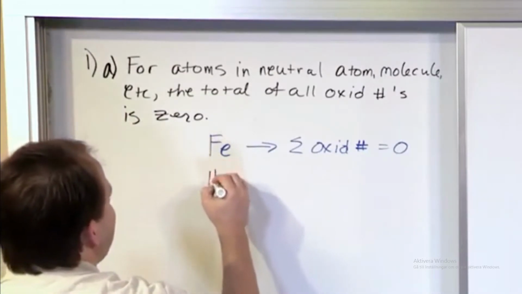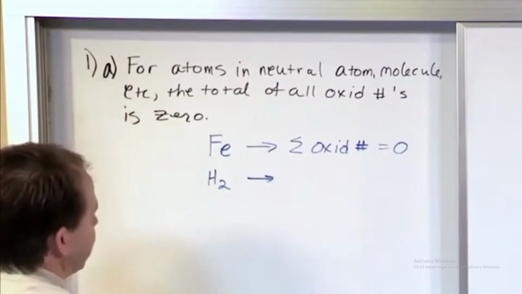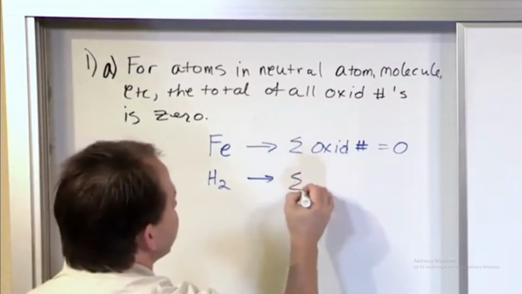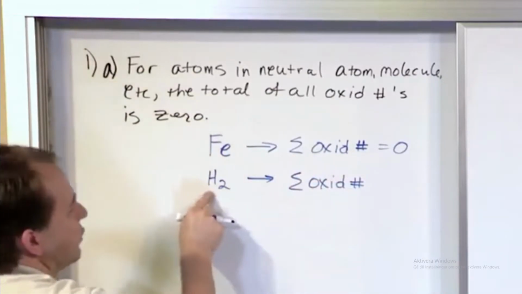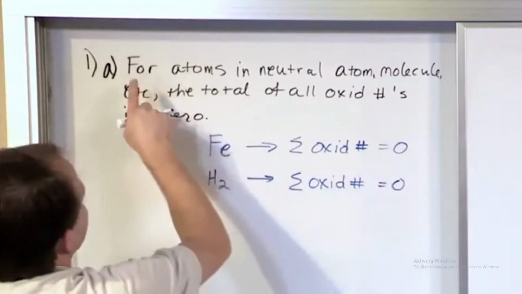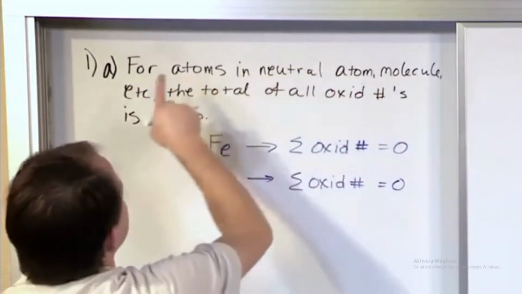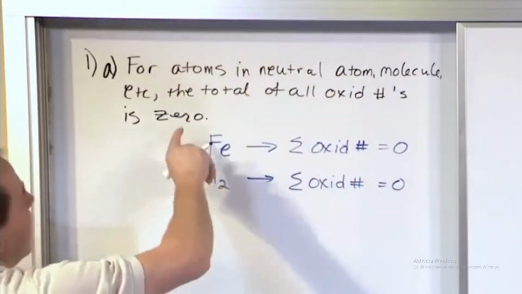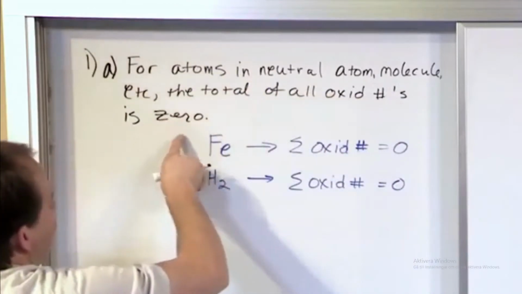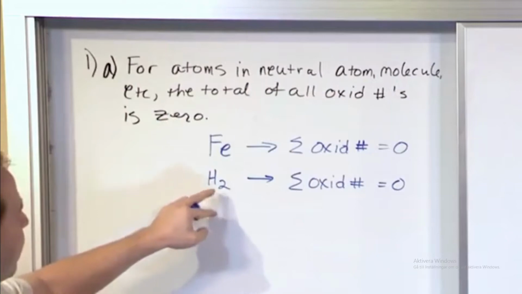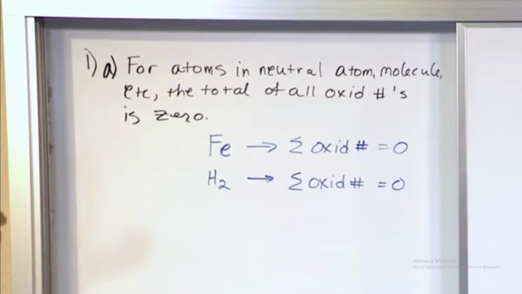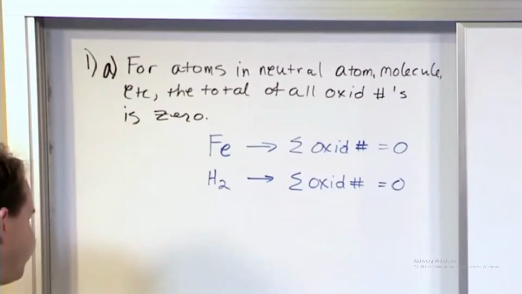If you have hydrogen gas just sitting off by itself, floating in a balloon or something, the sum of the oxidation numbers in this molecule is 0, and since it's the same atom in there, it's implying that the oxidation number of this hydrogen is 0.